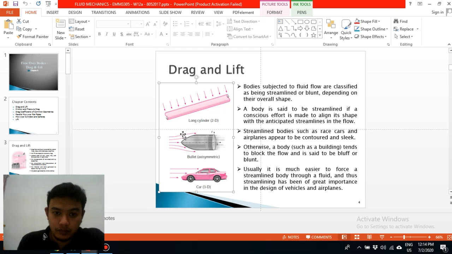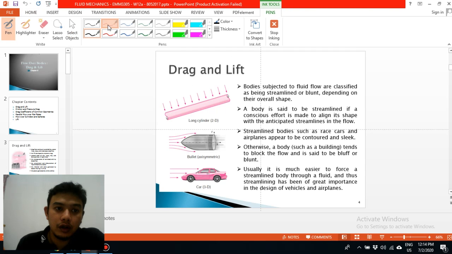Drag and lift happen especially the moment the flow is obstructed by a blunt body. From there we can see the streamlines of the flow start to diverge due to the effects of the obstruction.